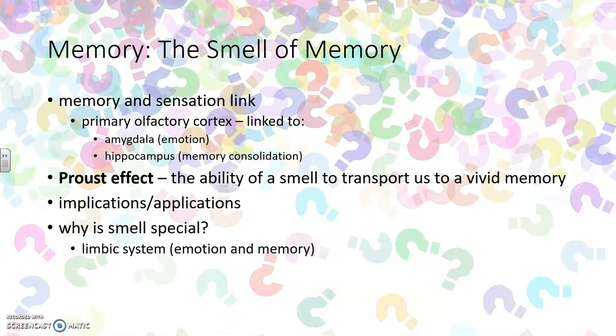You're sparking that memory. And that's called the Proust effect, which is pretty cool. I know there's a song recently, and I can't think of it off the top of my head, but they talk about they wish they could bottle up the smell in a candle because it brings back those memories. And that's all connected back to your limbic system where emotion and memory is stored.